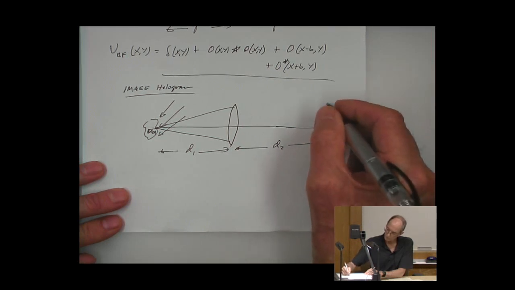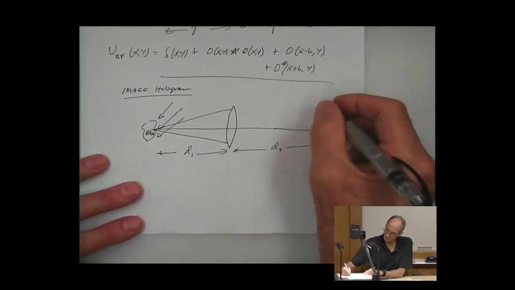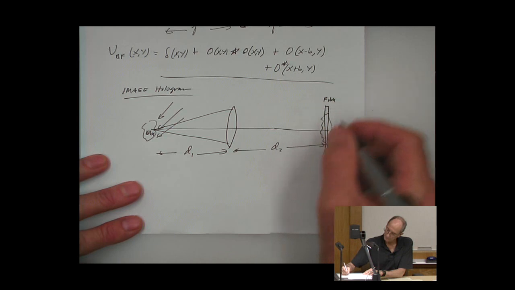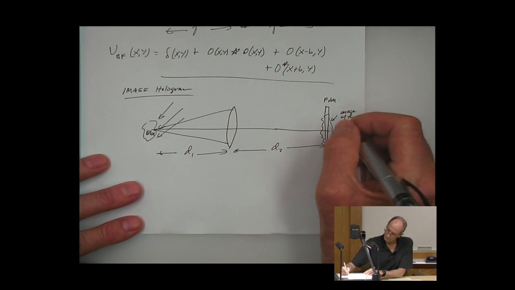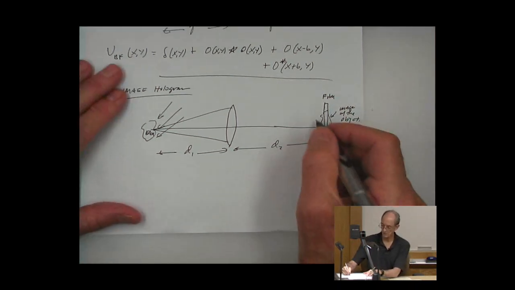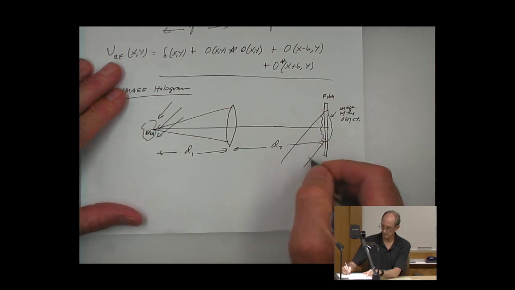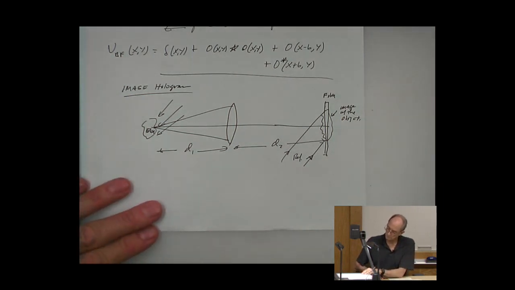And then what you do is you place your film plane right there. And this is the image. Then you make a recording there with, say, an off-axis reference beam like that. So you may ask, why do you go through all that trouble to do that?